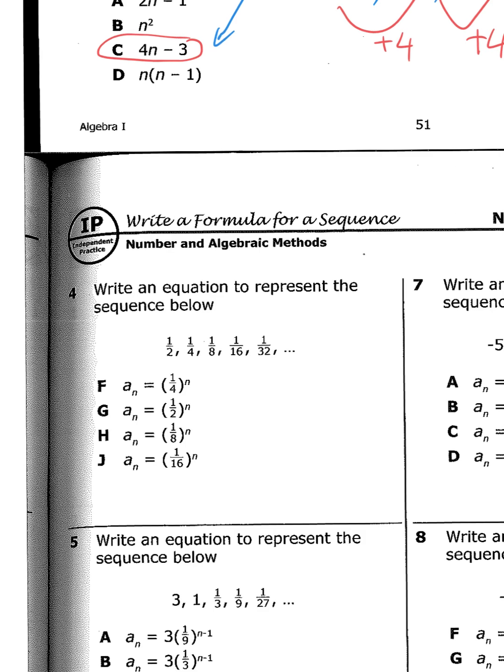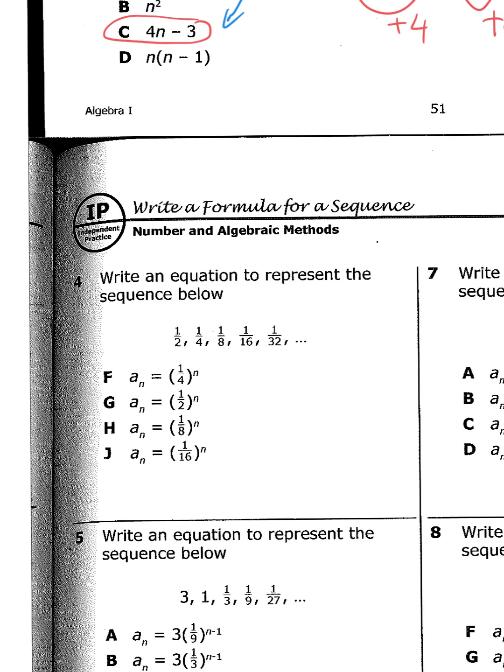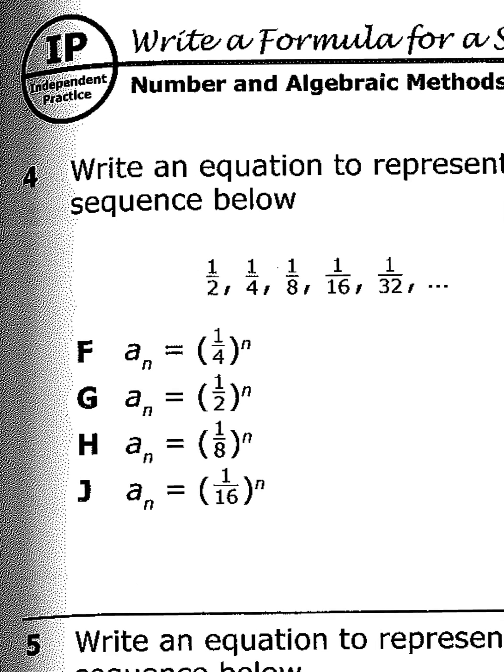All right, number 4. Write the equation to represent the sequence below. All right, so now we are going to see the relationship. 1/2 to 1/4, okay, so 1/4 to 1/8, 1/8 to 1/16. So this will be geometric, right? Because you cannot add or subtract those, okay?